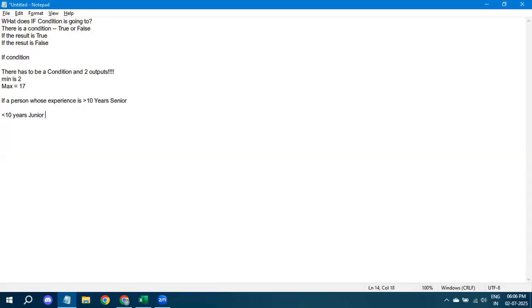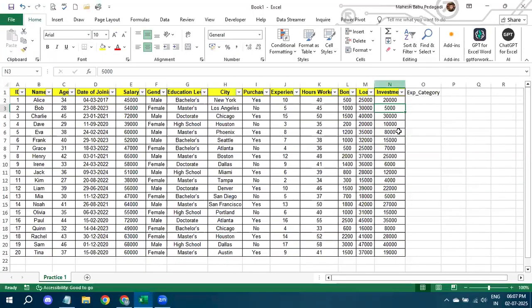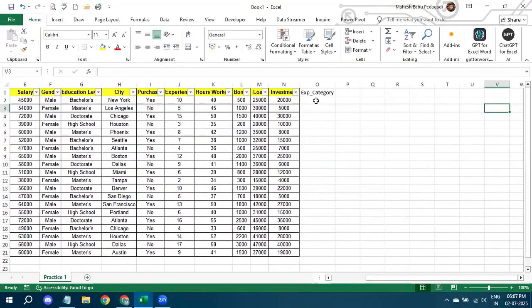How many conditions am I having over here? Greater than 10, less than 10. If a person's experience is 6 years, to which category does he fall under? Senior or junior? Junior, right?